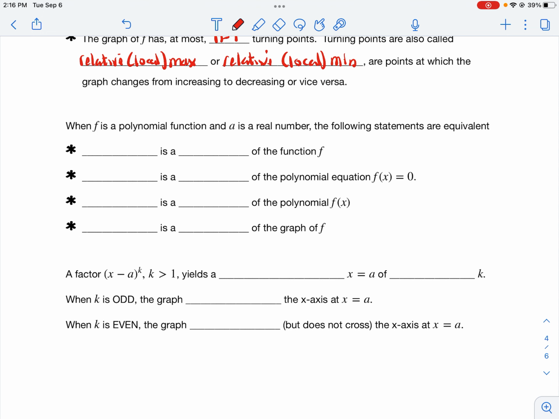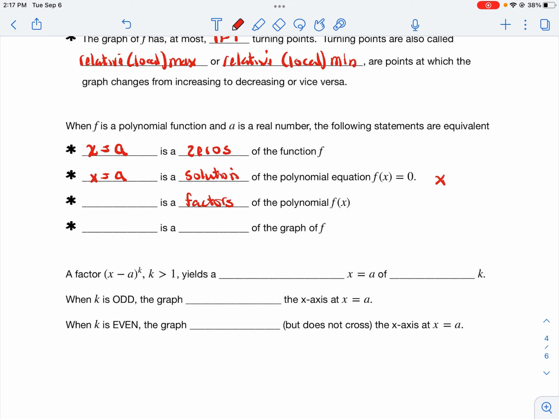Now I'm going to talk about the different results that you get. If I ask you to find the zeros of the function, you set the function equal to 0, solve for x, and write your answer as x equals some number. If I ask you to find the solutions, I'm just saying to solve the equation, so it's the same thing: x equals a number is your solution. If I ask you to find the factors of a polynomial, it's not going to be x equals a.